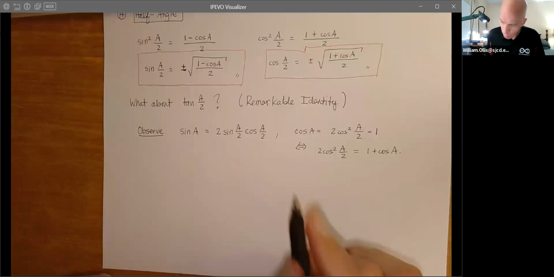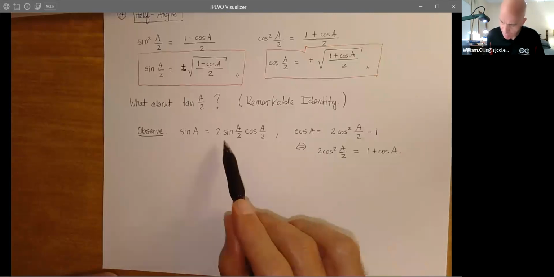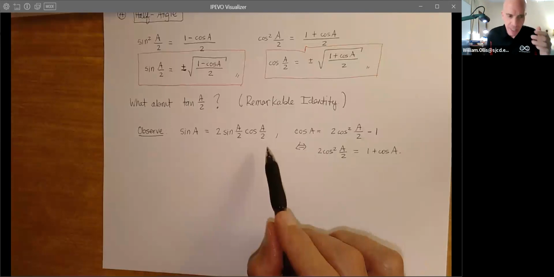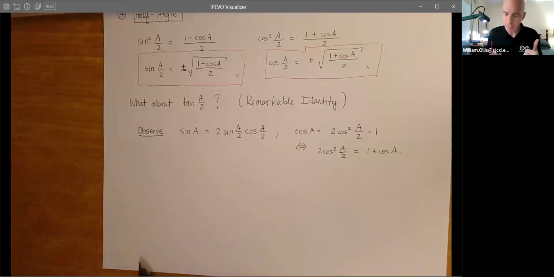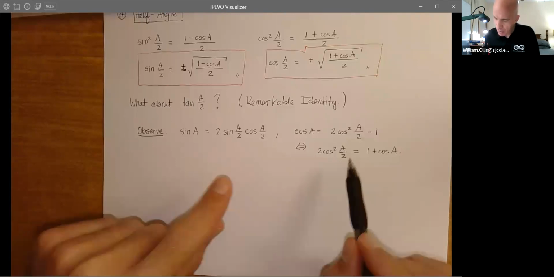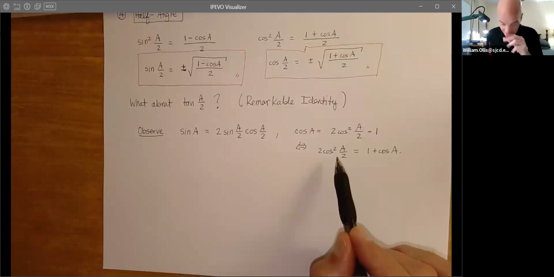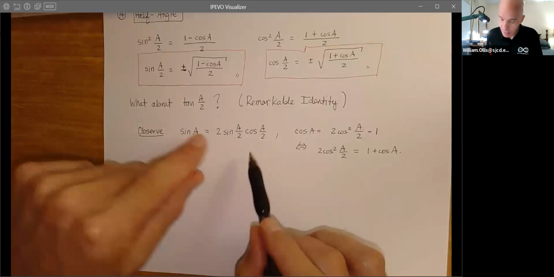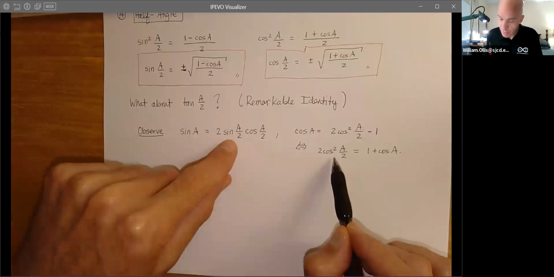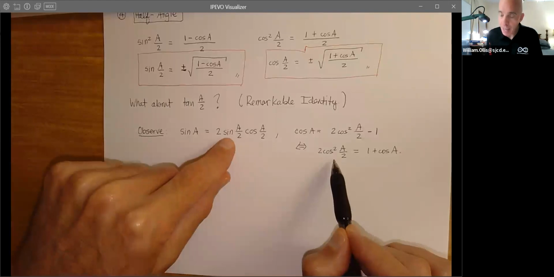So now when we look at this and say, okay, well, how do we get something that's going to make any sense? So notice here, the 1 plus cosine A is this, and the sine A is this. But when we look at ratios of this, we get tangent of the half angle.